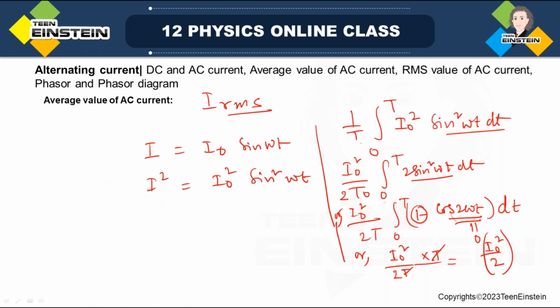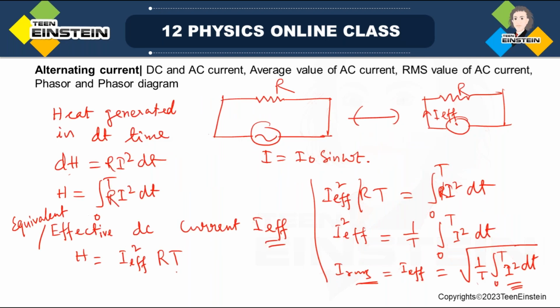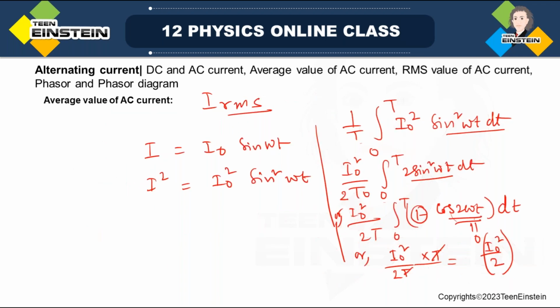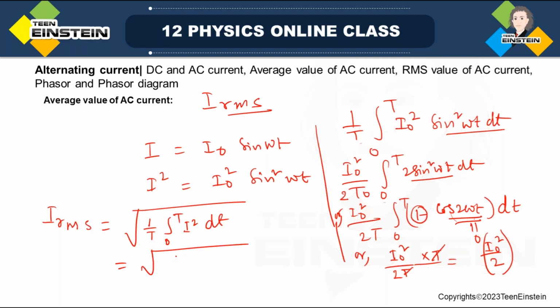See now, if we just put this value, I get IRMS. So IRMS is the square root of 1 over T, integral from 0 to T of I square dt, which is nothing but I0 square by 2.